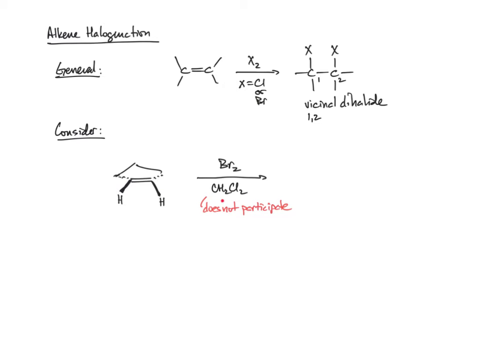This is important because we're going to see conditions in a couple of slides where the nature of the solvent changes. Dichloromethane does not participate; it's just there to solubilize everything, and it does not end up in the final product. We're only adding bromine across the alkene. So here, bromine is the electrophile.